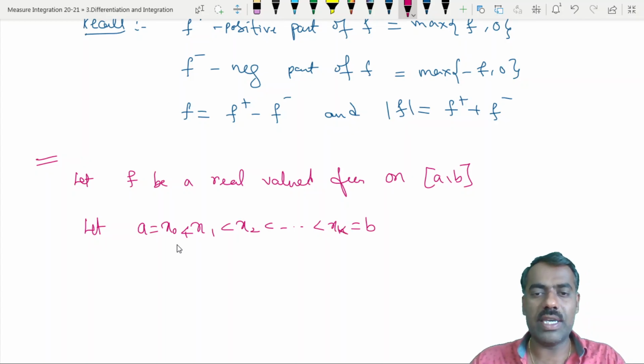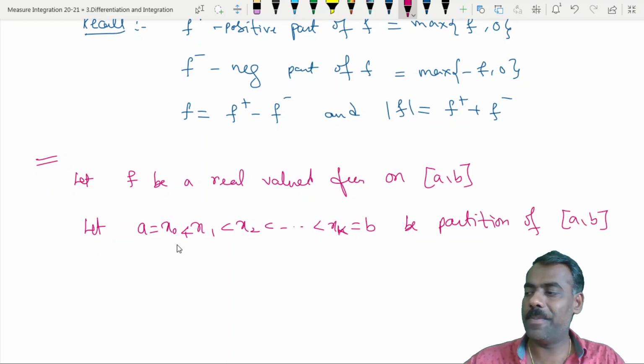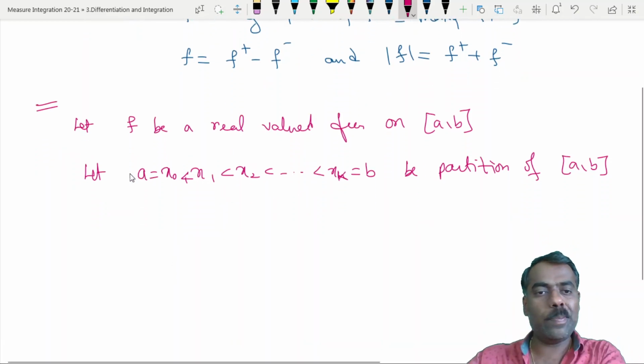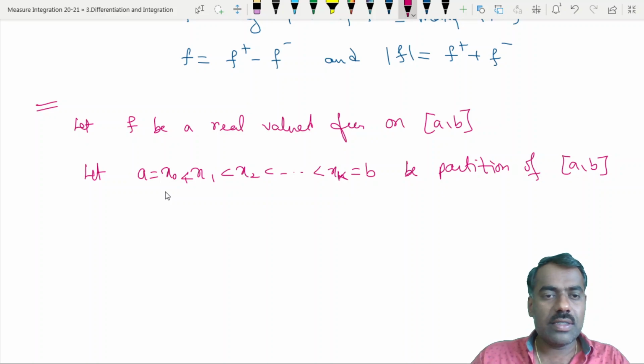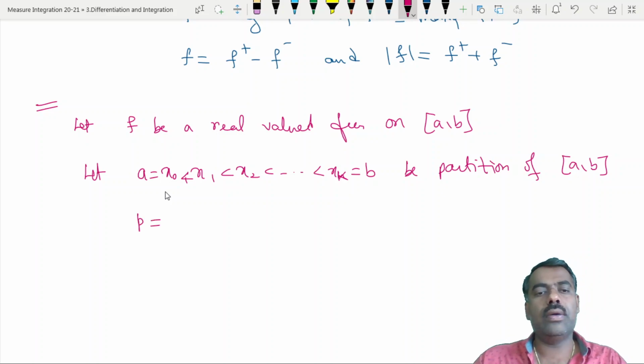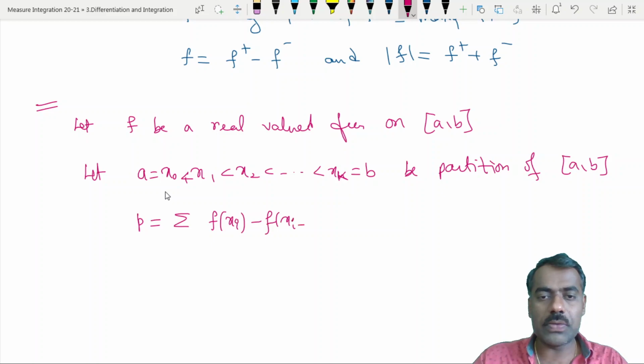Or you write xk, suppose x naught, x1 up to xk is a partition of this interval a comma b. So take a partition of a comma b. Then we can have this small p, which is the summation of the positive part of f of xi minus f of xi minus 1, from i equal to 1 to k.